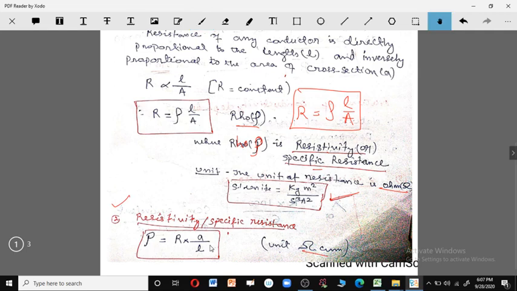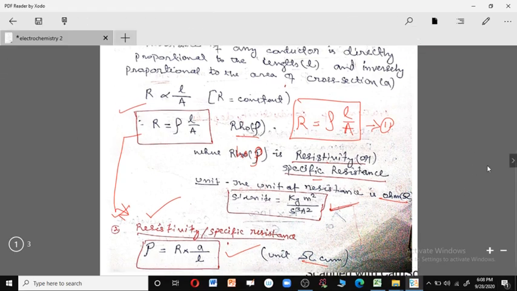If you rearrange this equation, say equation number 1, l will go downside and A will go up, so from this equation you get the specific resistance or resistivity formula, rho equals R A by l. These two are very important formulas.